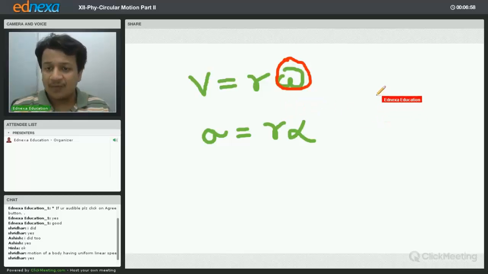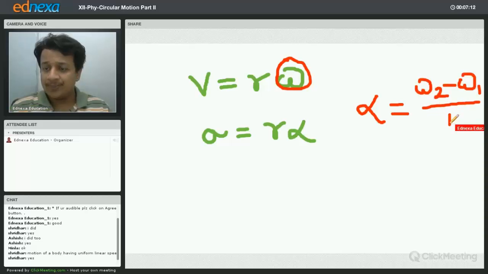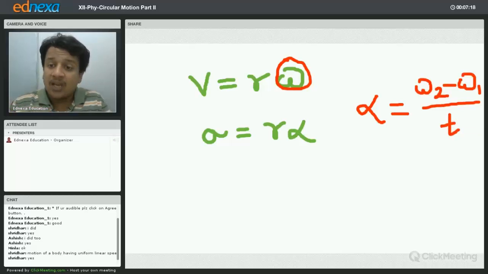What is the formula for alpha? The basic formula for alpha which we discussed is change in angular velocity, that is omega 2 minus omega 1 upon t. This is the formula of alpha. Is it right? Now when omega is going to remain constant, it is not going to change at all.